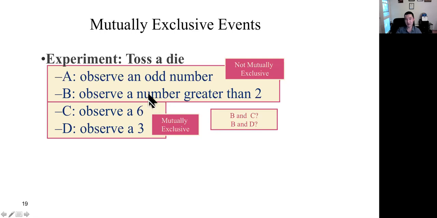Do B and C have something in common? Yes, 6. If 6 happens, that belongs to event C and event B. So B and C are not mutually exclusive. How about B and D? B is 3, 4, 5, 6 and D is 3. If we observe 3, then D occurs and also B occurs. So B and D are not mutually exclusive.